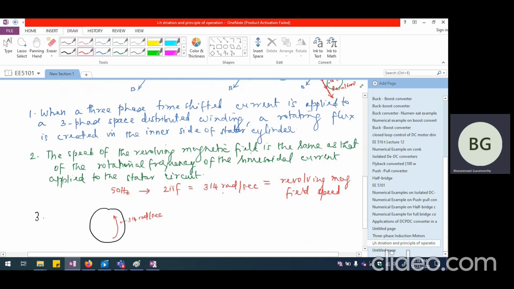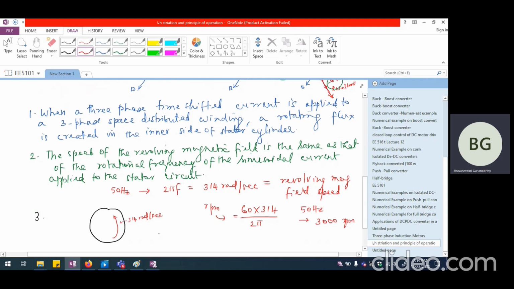If we want to express this in RPM, you are going to say 60 multiplied by 314 divided by 2 pi. So at 50 hertz, we get a speed of 3000 RPM. So the revolving magnetic field is going to work at a very, very high speed. As soon as you turn on the three-phase supply, it is going to create a very high velocity revolving magnetic field.